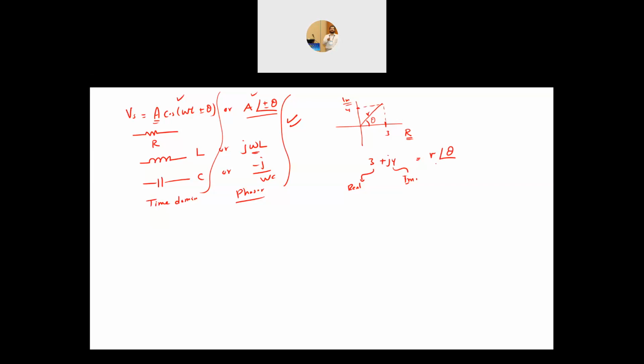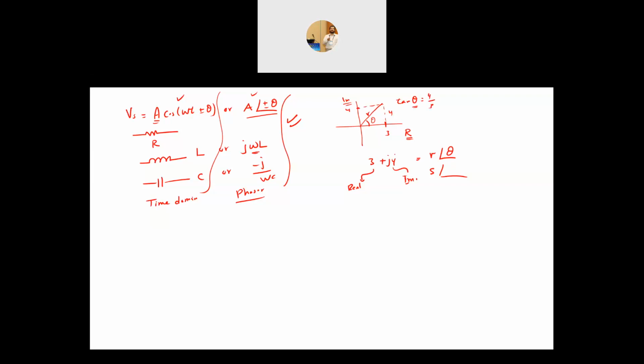For the magnitude you apply the Pythagorean theorem, so this would be 5, and for the angle, tan theta is equal to 4 over 3. Then from this you can find the angle. You don't need to do that manually in the exam. You can have a calculator that can do all these calculations.